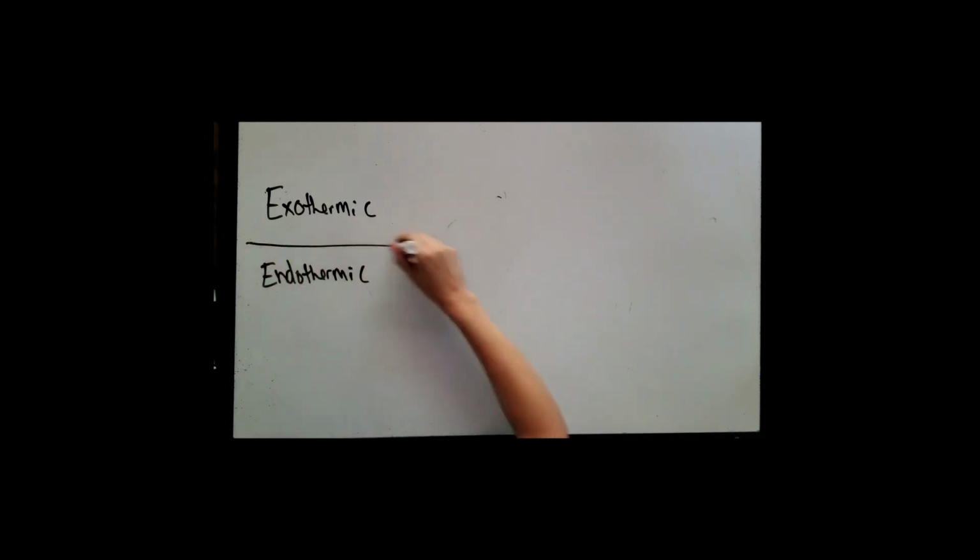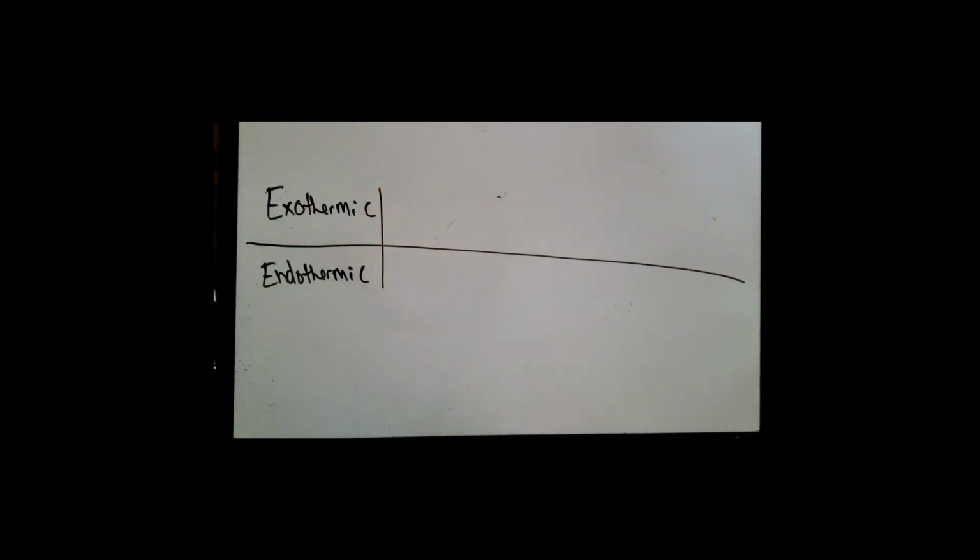So let's look at those ways. So with enthalpy, if you have a negative delta H, a negative enthalpy, that means it's an exothermic reaction. If your enthalpy or your delta H is positive, it's endothermic.